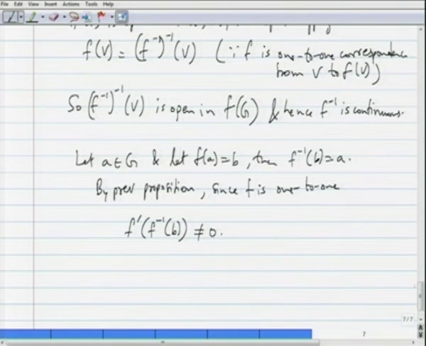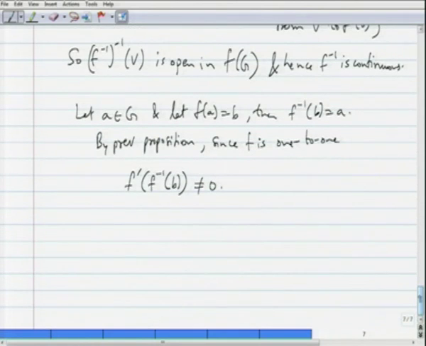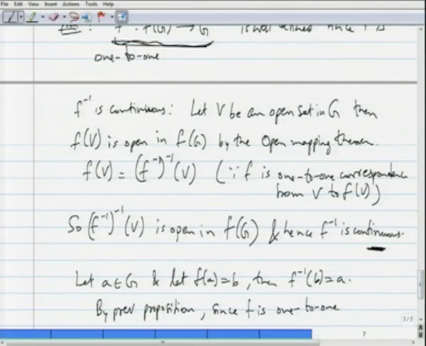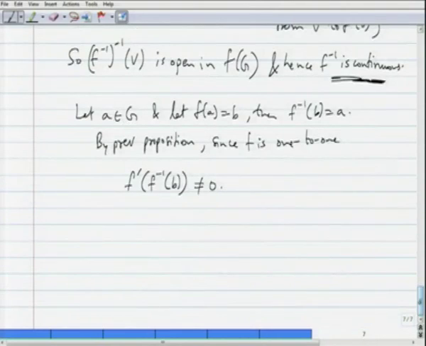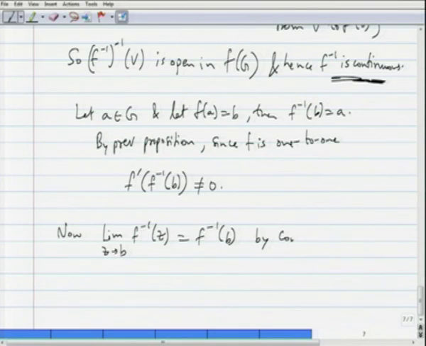Now, here is where I will actually use the continuity of f inverse, which I showed separately. Since the limit as z goes to B of f inverse of z is equal to f inverse of B, this is why I need continuity in the first place, and then I can show differentiability.